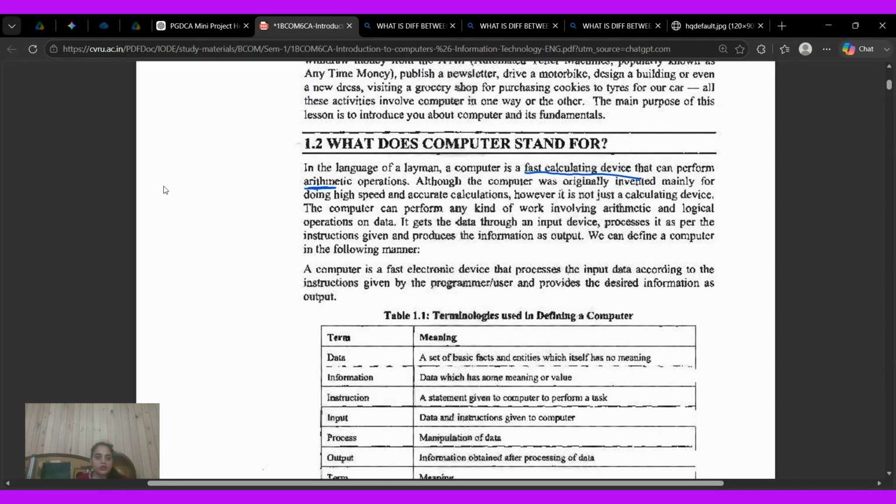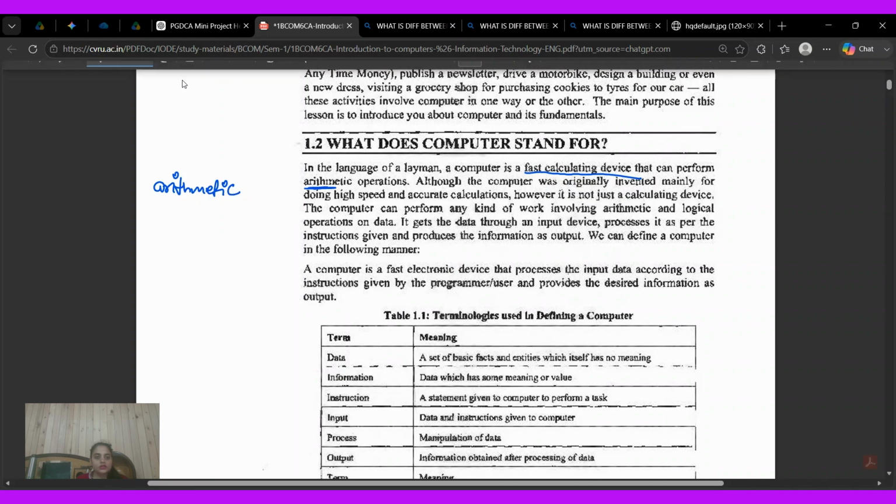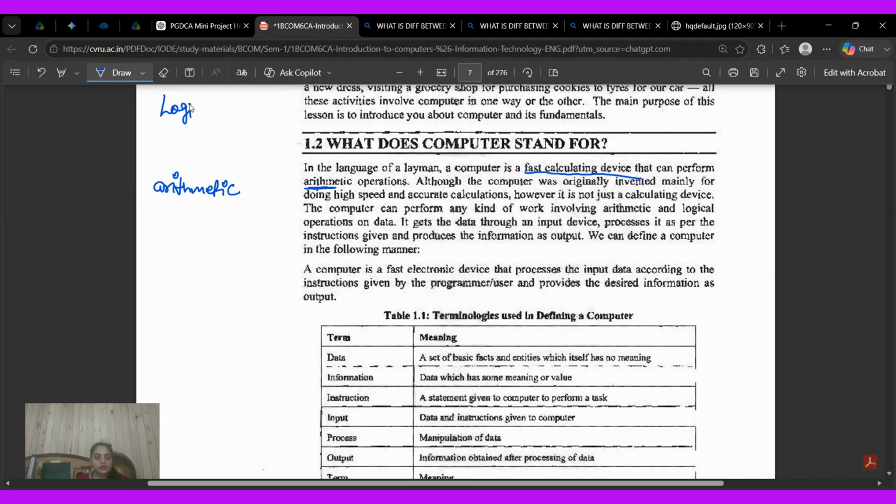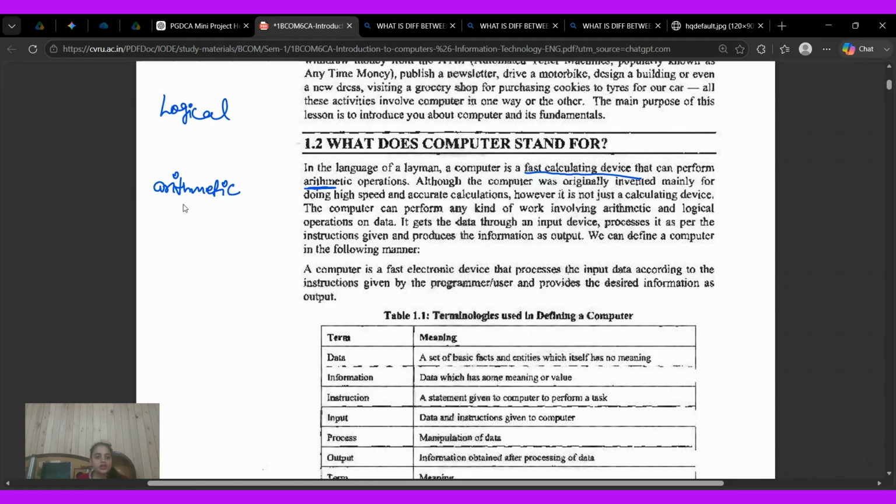So two types of operations are there: arithmetic and logical. Arithmetic operations basically mean basic mathematical operations.